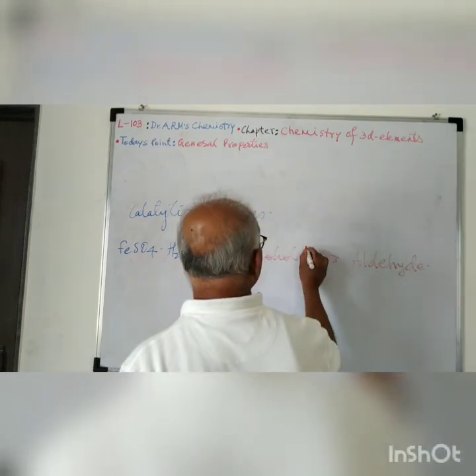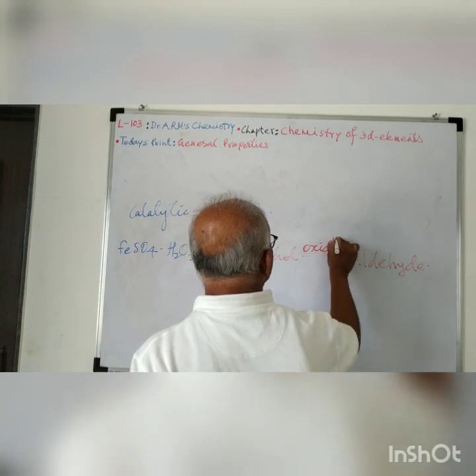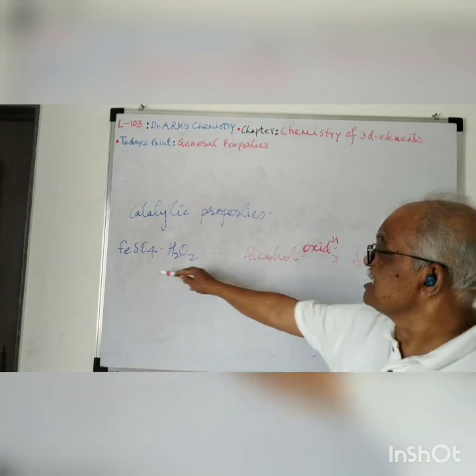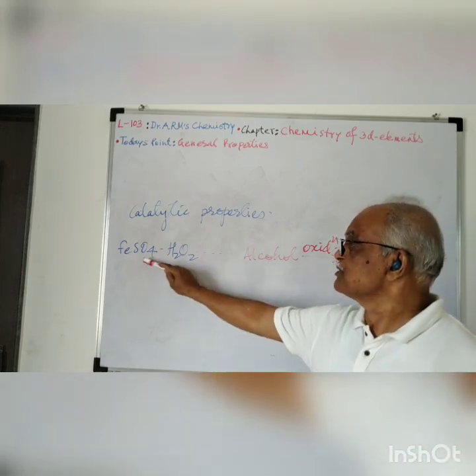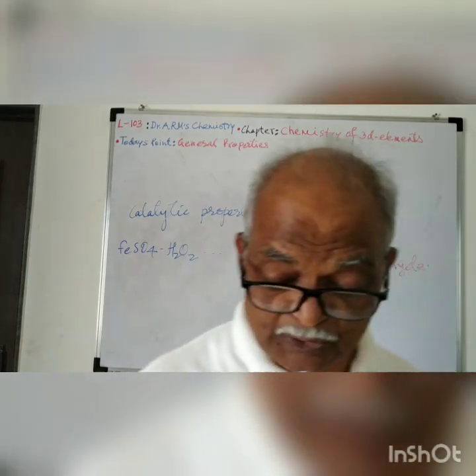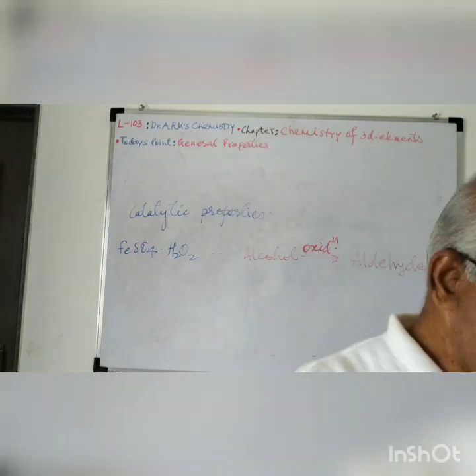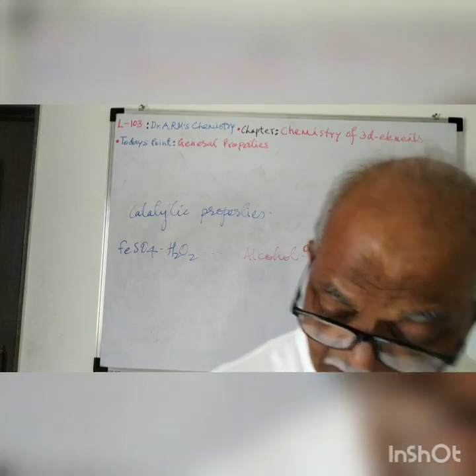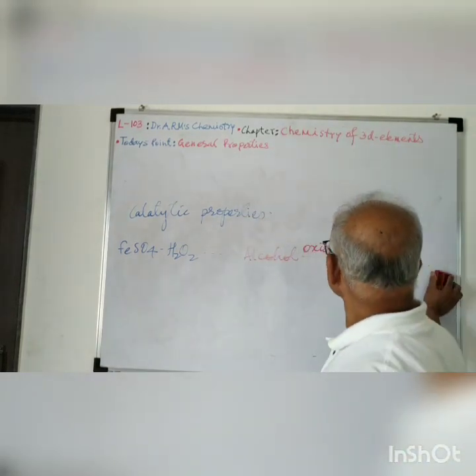So this is called oxidation. Alcohols can be easily oxidized by using FeSO4 in the presence of H2O2, so this acts as a catalyst. We can have such different examples.